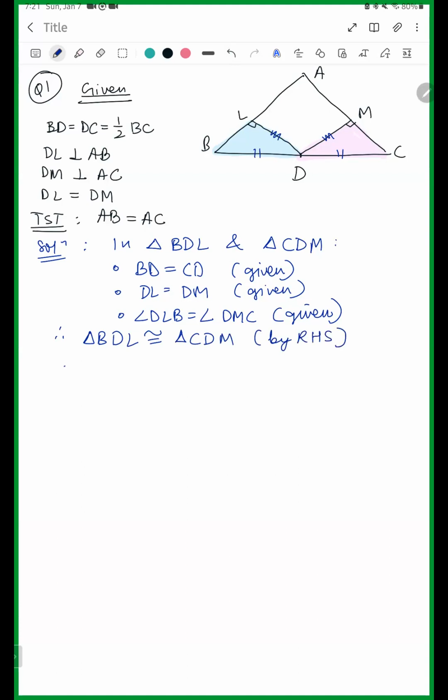Therefore angle B is equal to angle C by CPCT.